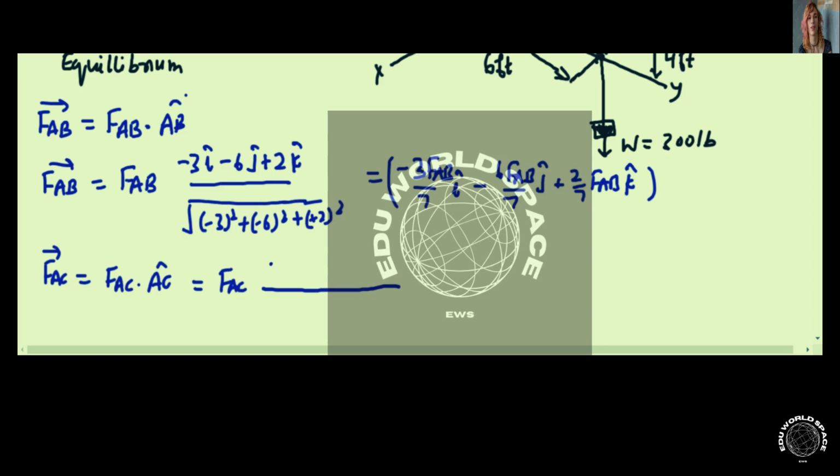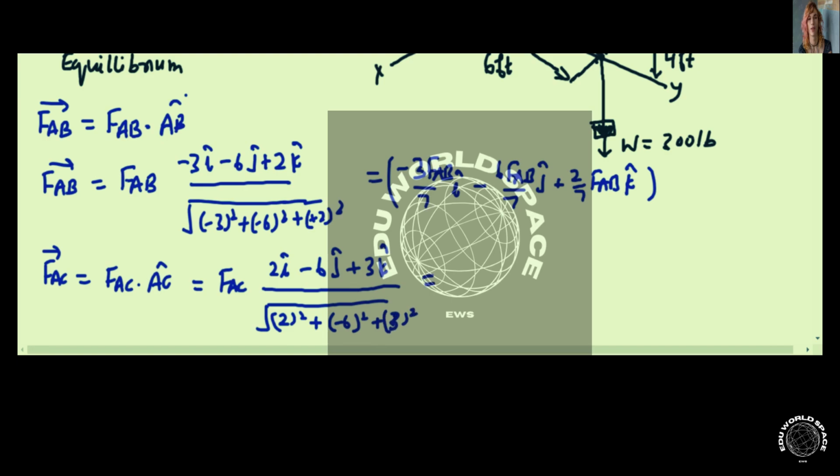It will be 2I cap minus 6J cap plus 3K cap divided by its magnitude, square root of 2 squared plus minus 6 squared plus 3 squared.